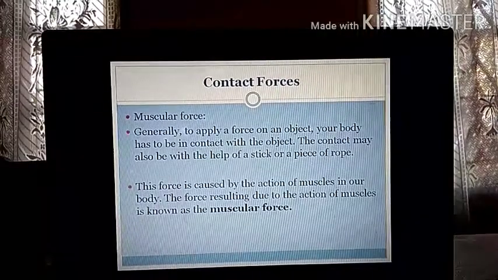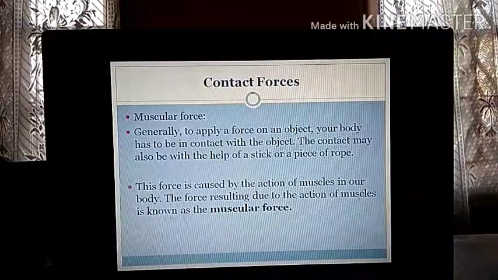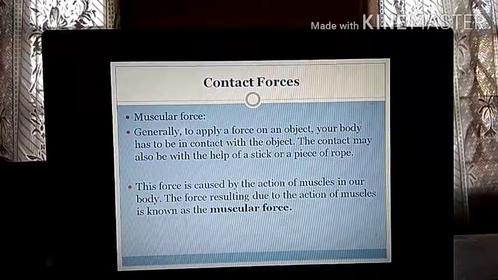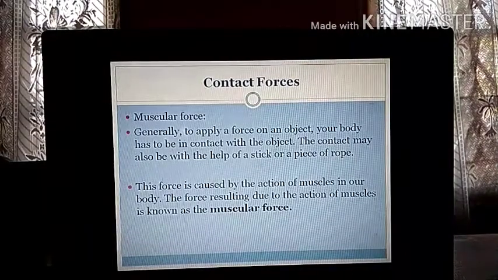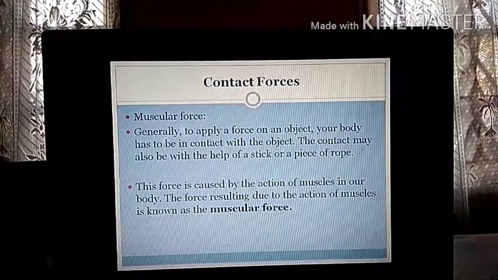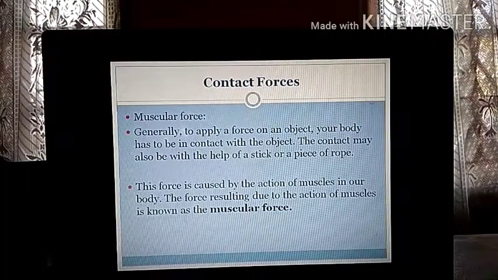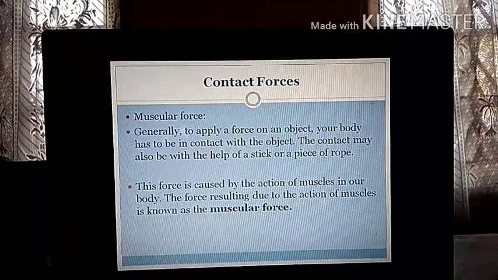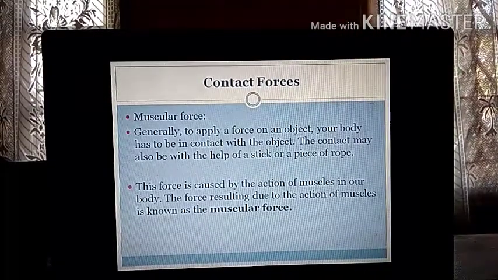Definitely. So this force is caused by action of muscles. Suppose you want to push a table, or you want to pull water from a well, or you want to play cricket. So what you have to do, you have to use your muscles. You have to spend your energy, then only something will happen to the object. If you apply your strength, then only water will be pulled out of the well, right?